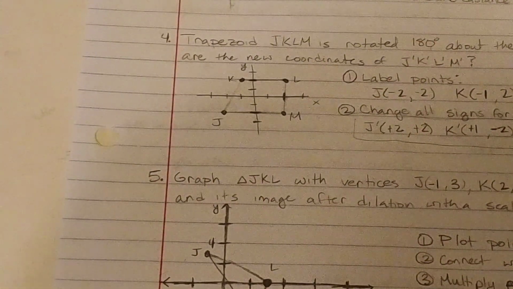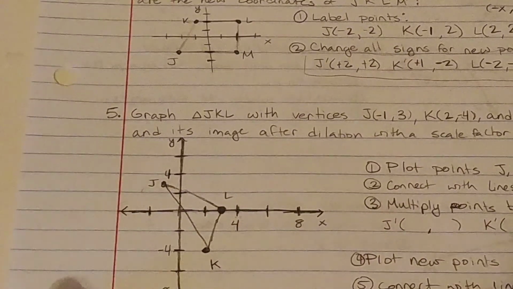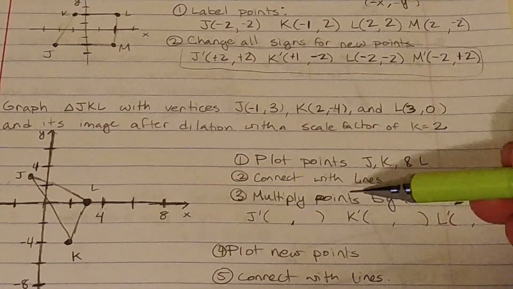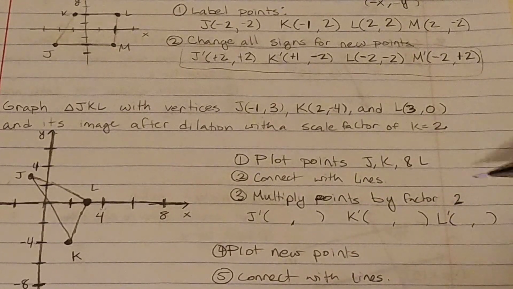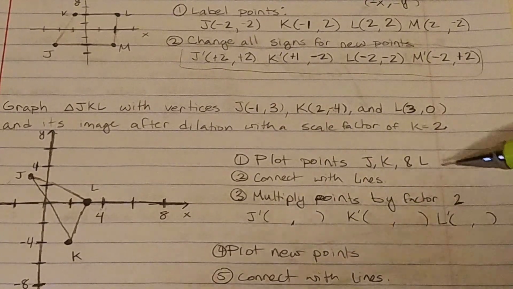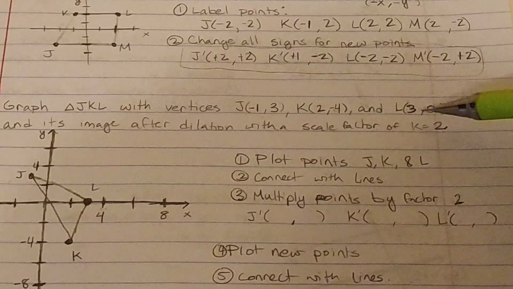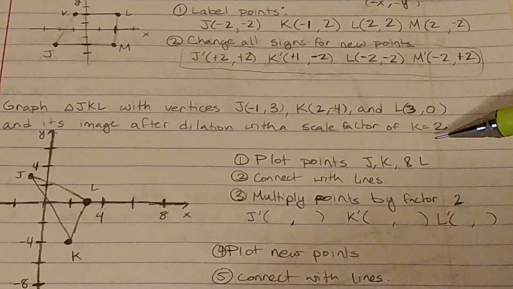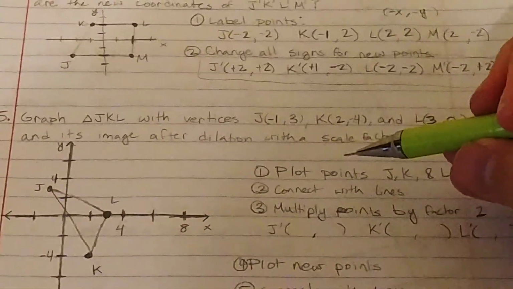All right, so there's the original. And now, third step, multiply points by factor 2. So it's a scale factor, a dilation of the scale factor of 2. So we just multiply everything by 2.